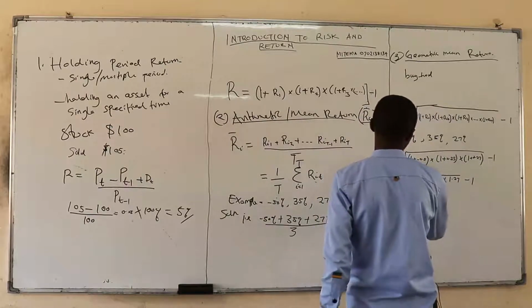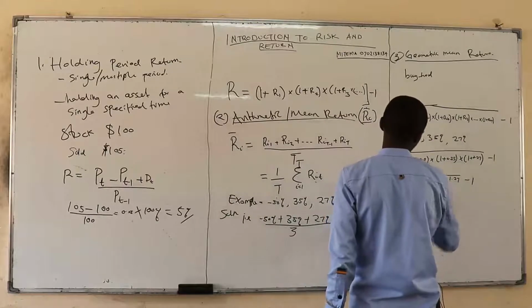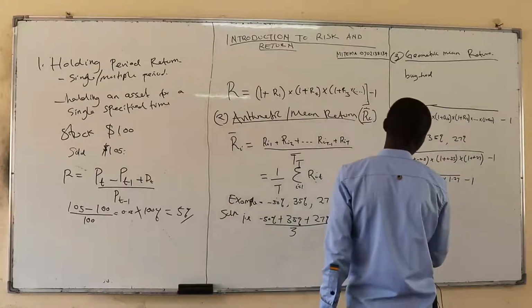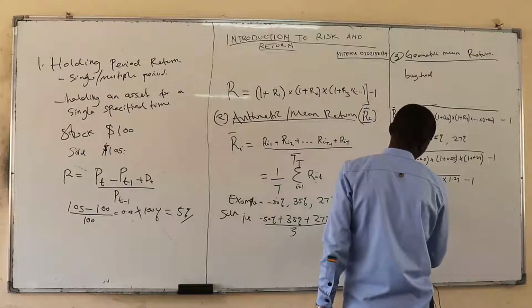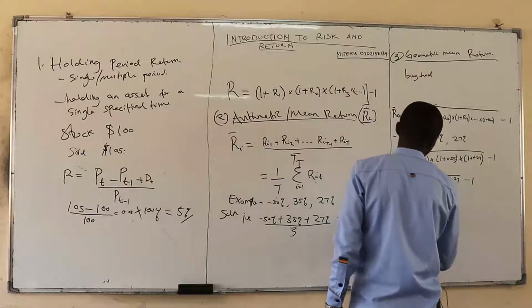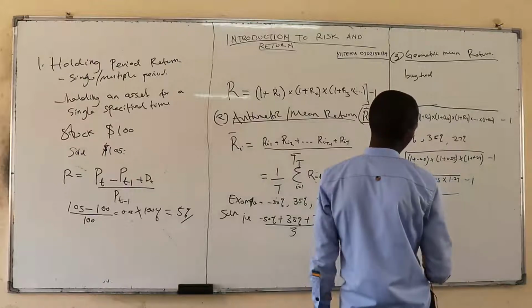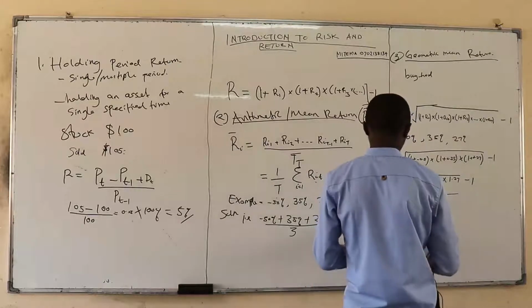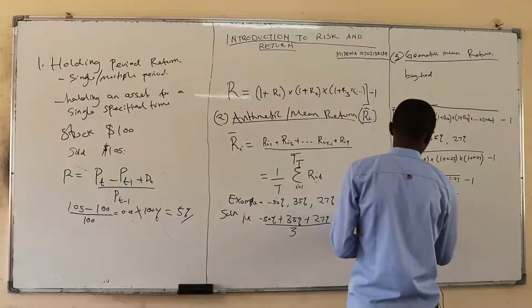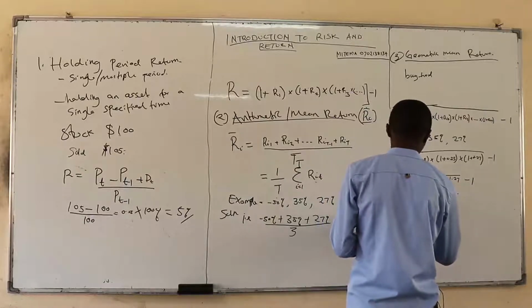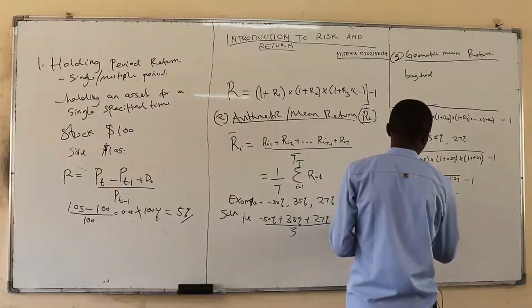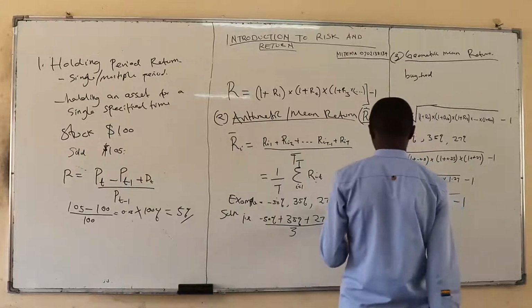Remember our index here is 3 because we have 3 returns. So the cube root of 0.5 multiplied by 1.35 multiplied by 1.27, you get 0.85725, minus 1.